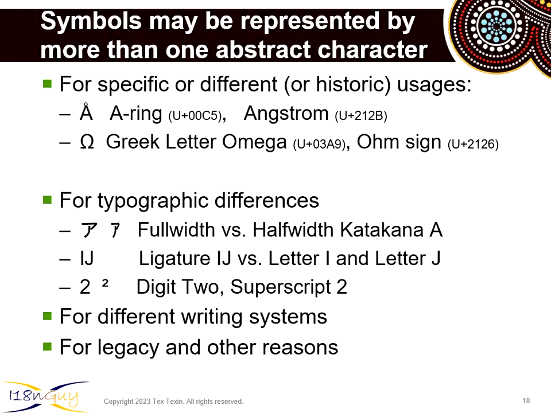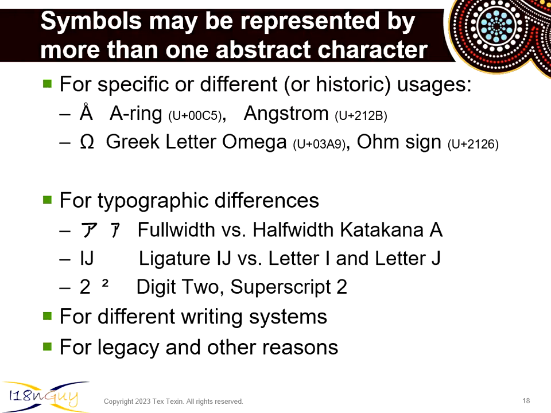For typographic differences, there may also be characters that are similar. So we have these two characters. The relationship between them is mostly their sizing. The full width characters look to be the same size and have the same weight as other characters in the kanji characters. But when they're included with ASCII characters, Latin letters, they wanted a smaller one so that they would have the same weight.